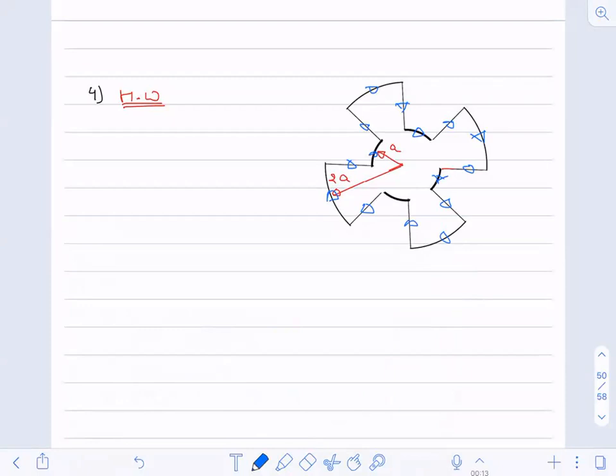Now, this line will make this theta over here.